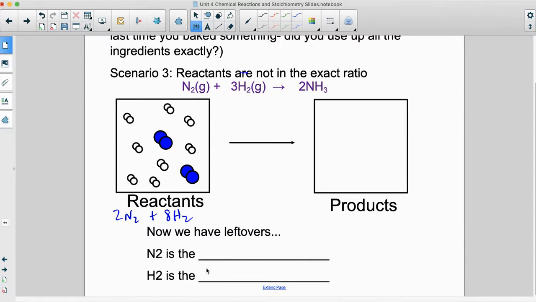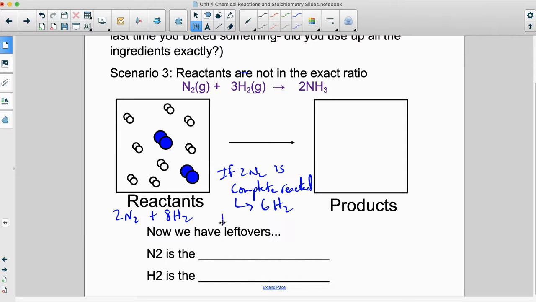Okay, so here, if we react away these 2 N2 molecules, right? If we have 2 N2, then we should use 3 times as many H2s. If 2 N2 is completely reacted, we should have 6 H2s.